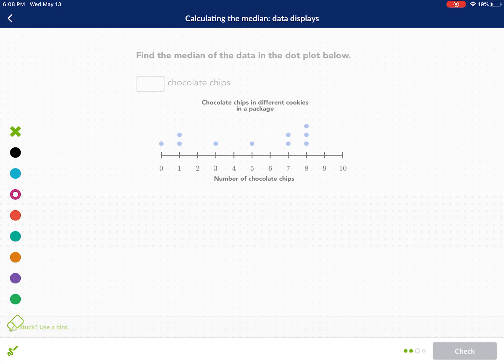I would be legit mad if I got a cookie from a chocolate chip cookie package that had 0 chocolate chips. I would be upset with that. I'm getting mad at just the idea of that. So 1 chocolate chip cookie had 0 chocolate chips. Then it's just a cookie. All right, we have 1, which is twice, right? So also, I'd be pretty upset with that.